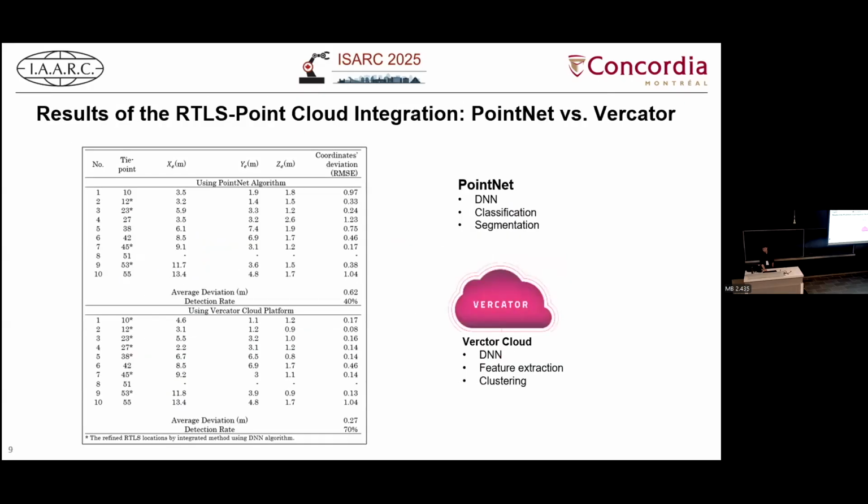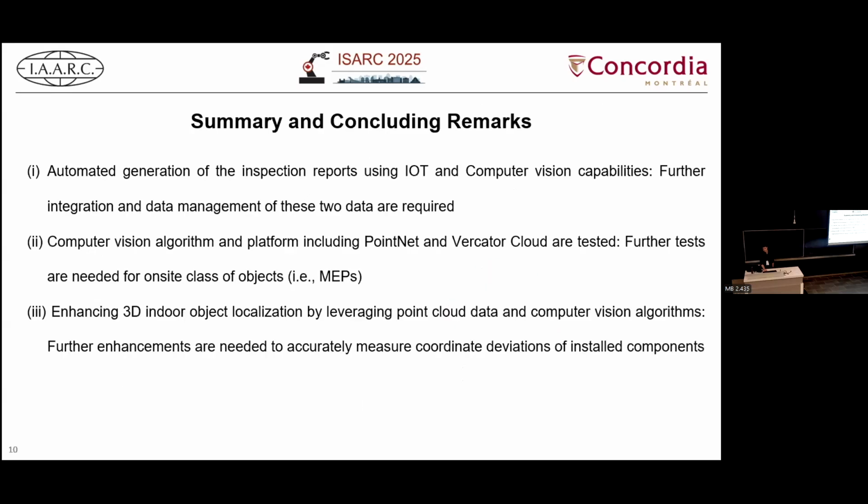To validate the computer vision techniques, we used a network called PointNet in the experimental test. For training, we just used a Stanford data set. There is another platform on the market called Mercator Cloud, which uses point-based algorithms for object detection and semantic segmentation. We achieved a detection rate of around 70%, and an accuracy of around 27 centimeters for localization.